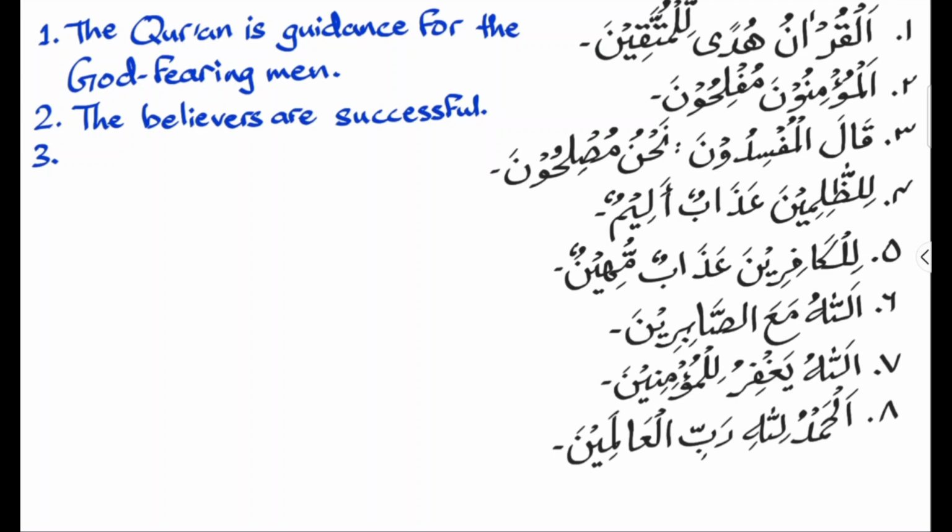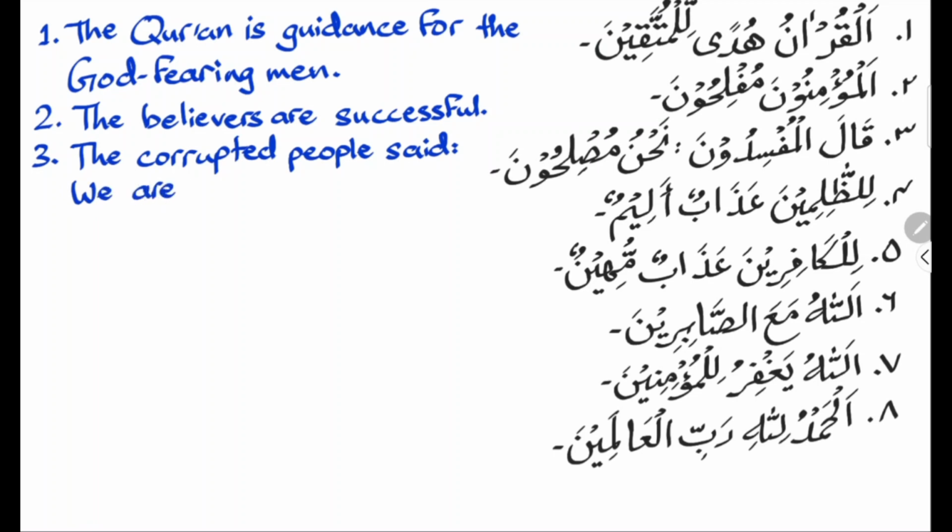So قال al-mufsidun means the corrupted people said. نحن, we are muslihuna, peacemakers. Muslihuna is the plural of muslih, which means peacemaker. We are peacemakers.